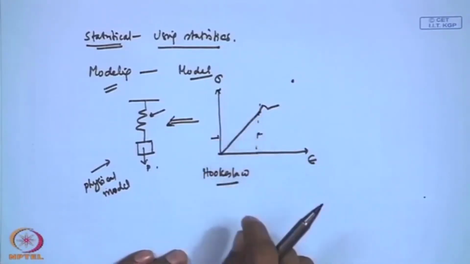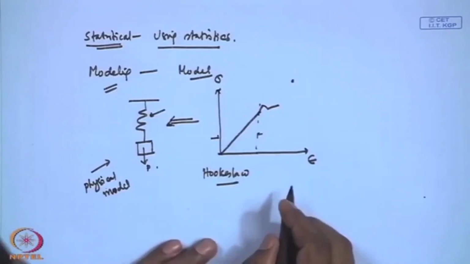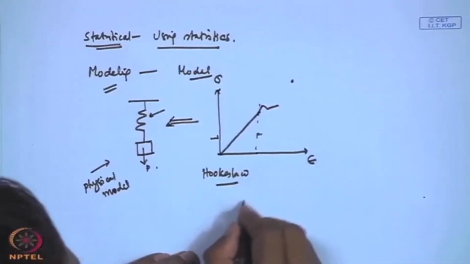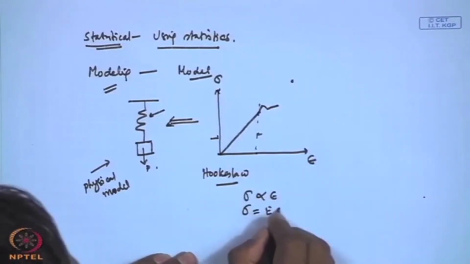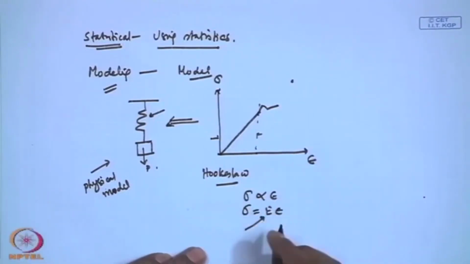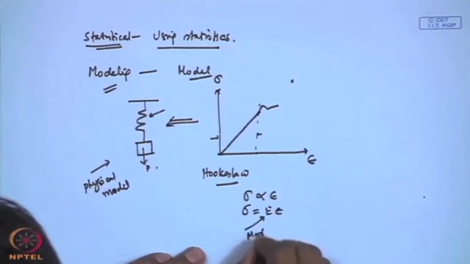There is another concept of elasticity. So, what we all have seen there is that sigma varies as epsilon. So, sigma is E epsilon, where E is Young's modulus or modulus of elasticity.